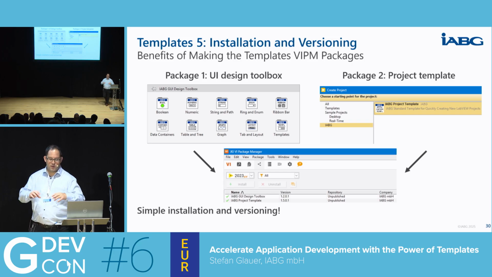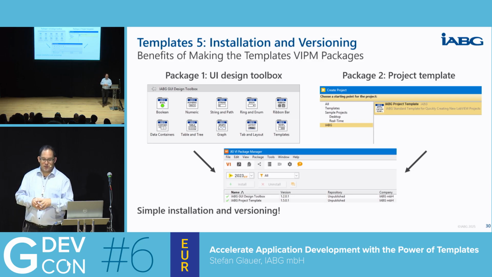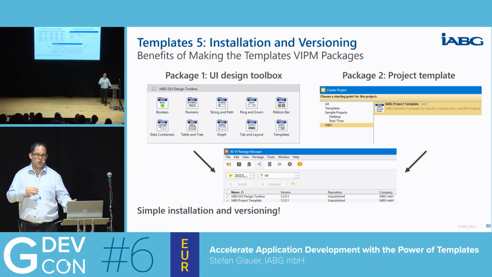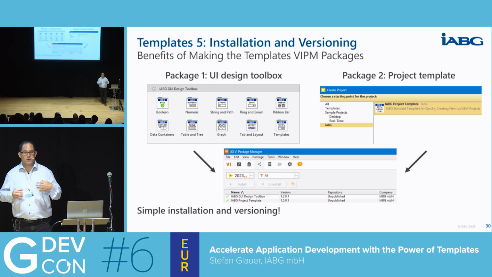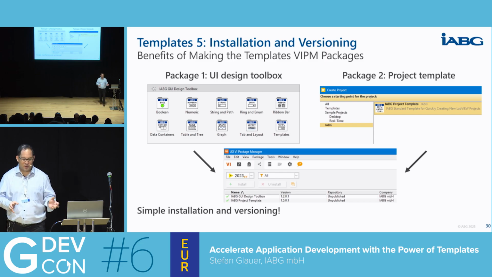And now, what's the good thing about it? If you install this package in VIPM, our team is set up to create new projects. It enforces versioning, so everyone knows which version of the project template we are using. It's easy to update if you have a new version. We just share it in the team, install everything, and we have the new template then.